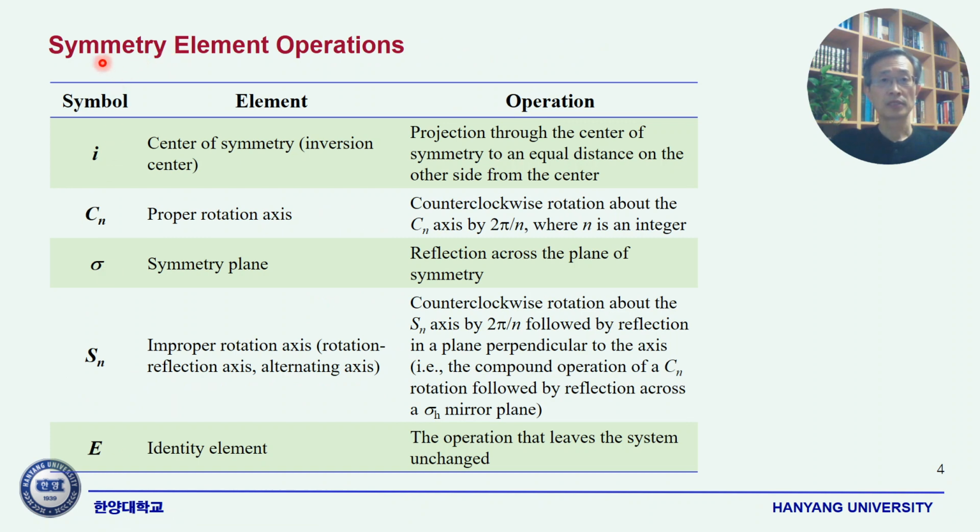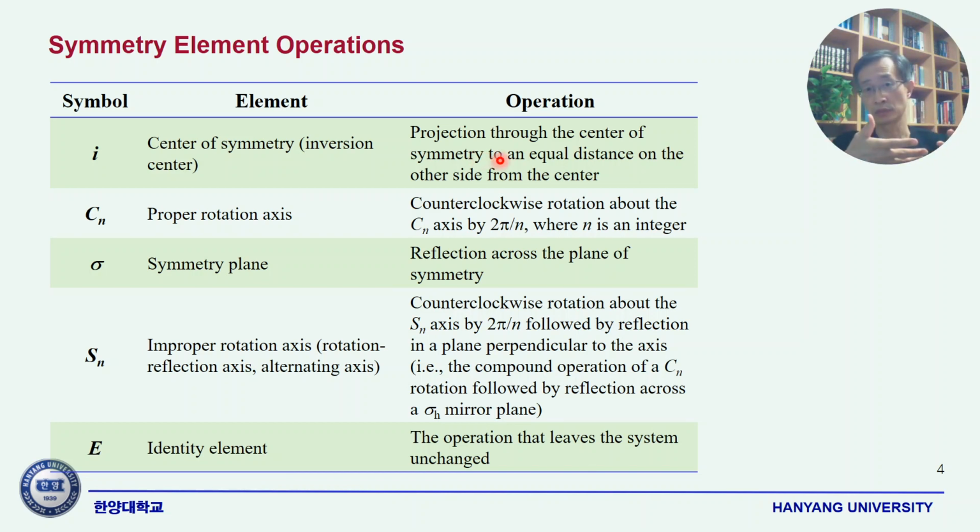Okay, so these are symmetry operations or symmetry elements. So there are symbols for the symmetry elements. We already have seen the C and sigma. I is an inversion center or center of symmetry. The operation for I is the projection through a center of symmetry of a molecule.